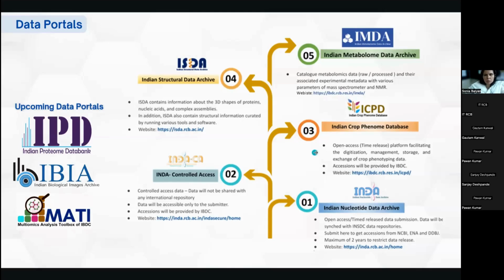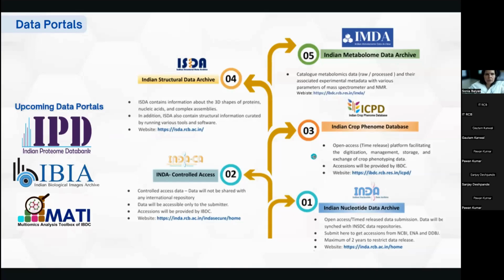So this is also an open access, timed release platform facilitating the digitization, management, storage, and exchange of crop phenotyping data. Here also IBDC accessions will be provided, and again a maximum of 2 years is the embargo period.